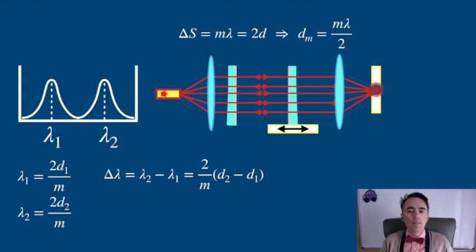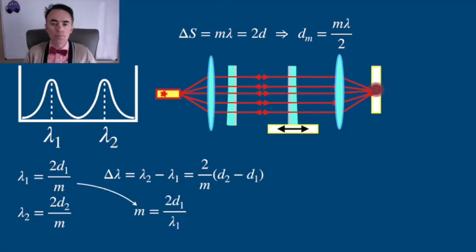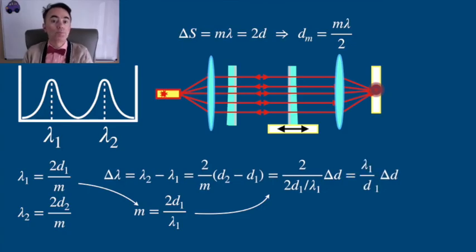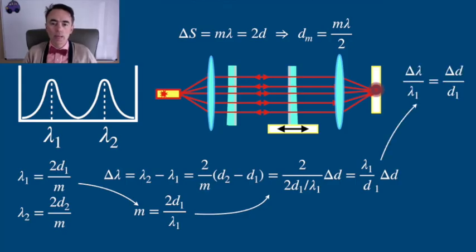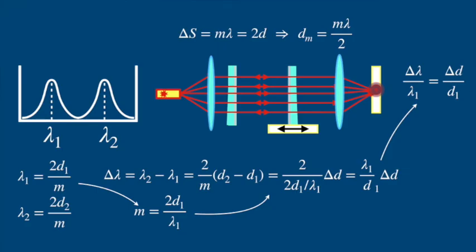So delta lambda is 2 over m delta d, equal to 2 over 2 d1 over lambda 1 times delta d. So delta lambda over lambda 1 equal to delta d over d1.